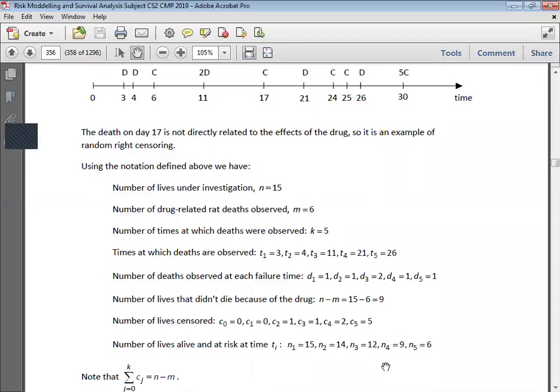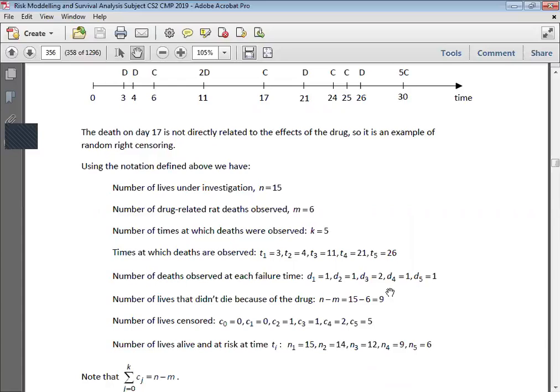So you have got the data about censored, you have got the data about lives being dead due to the drug. And now what you calculate at the end is the number of lives alive and at risk at time. So at each particular redefined time interval, we want to see how many lives we have at risk during these particular times.